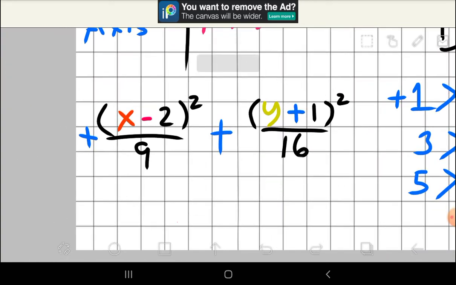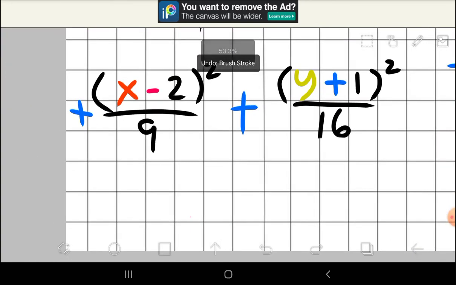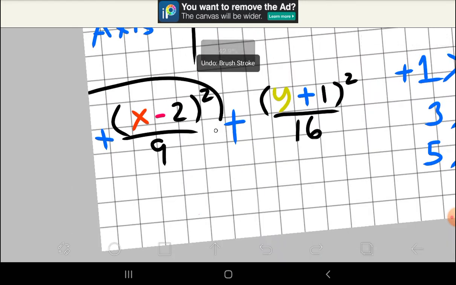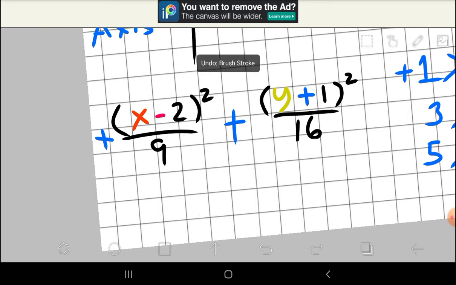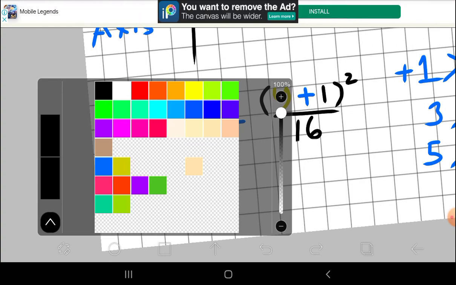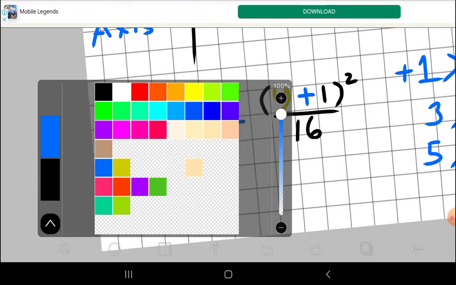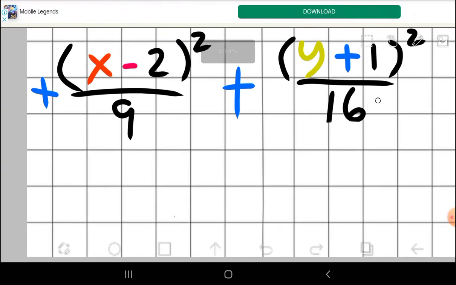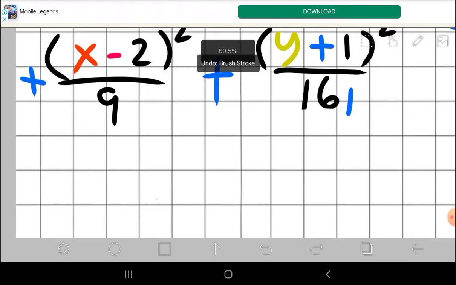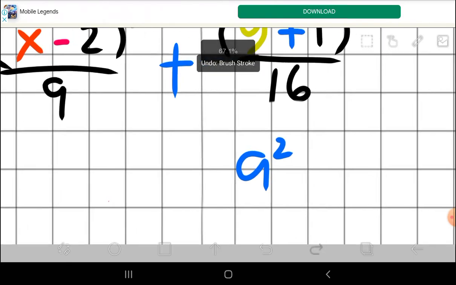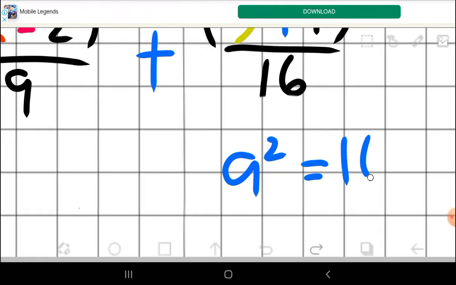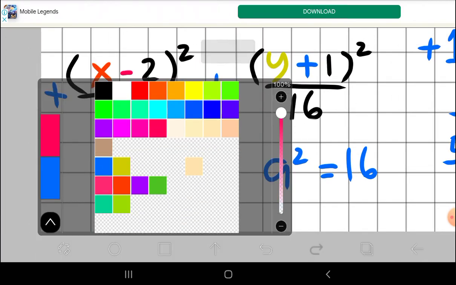Pag binigyan kayo ng given ng teacher nyo, una titignan nyo is yung sign dito. Positive siya. Positive lahat yan, tas positive lahat to. Kasi positive yung sa harapan. Ngayon, dahil pareho silang positive, titignan mo kung sino yung pinakamataas na denominator. Mas mataas si 16. So, si 16 yung magiging a squared. So, katulad nga sinabi ko, yung a squared is yung mas mataas. Tapos naman, b squared naman tong 9.